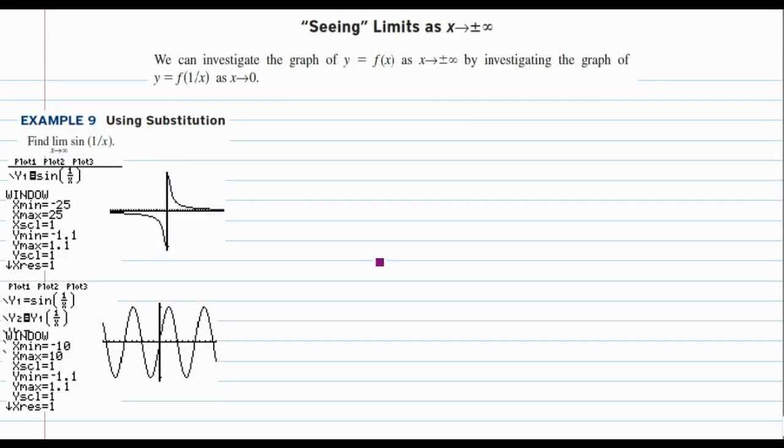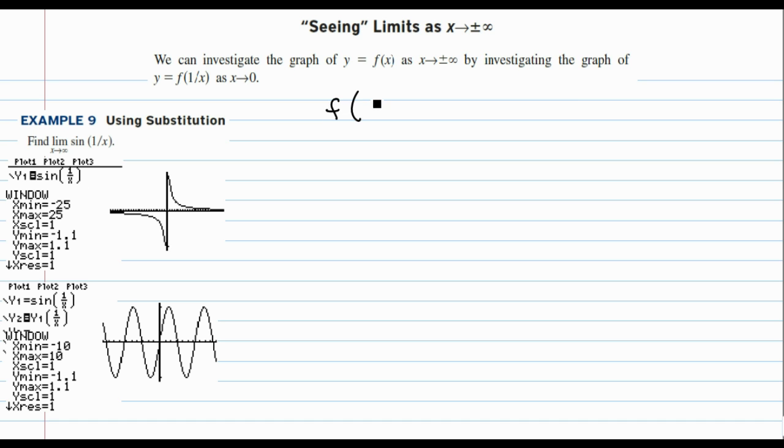This is the screencast for section 2.2, example 9. So believe it or not, we can investigate the graph of y equals f of x as x approaches positive or negative infinity by investigating the graph of f of 1 over x as x approaches 0.